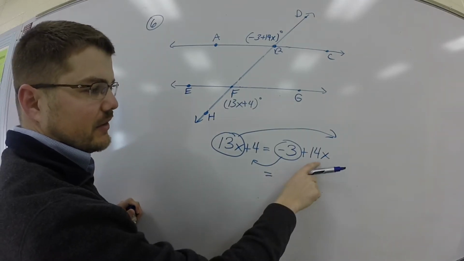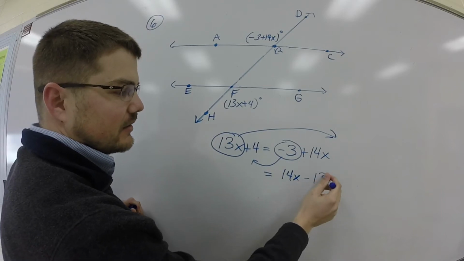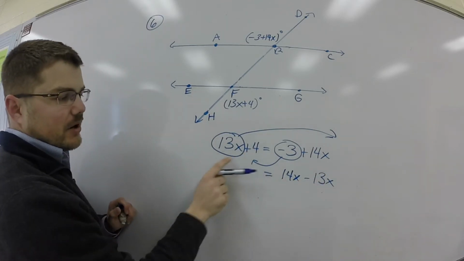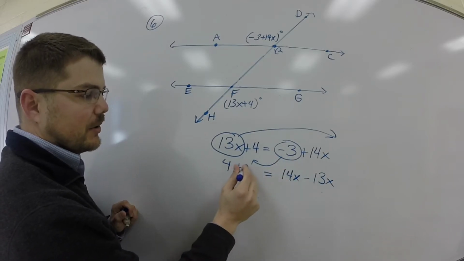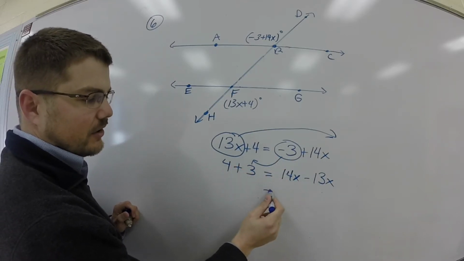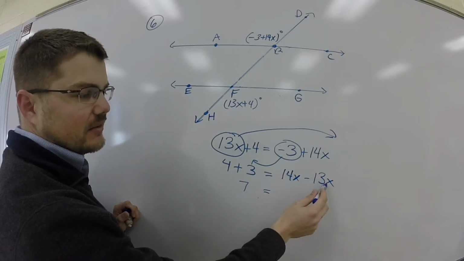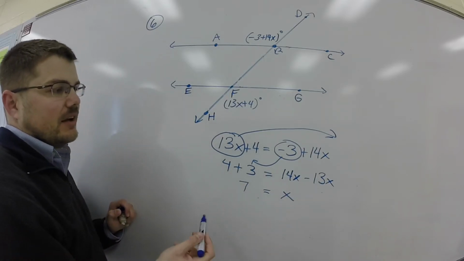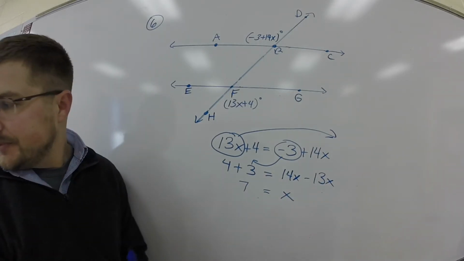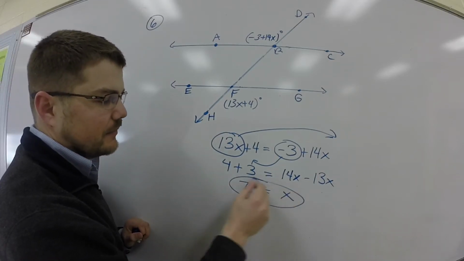Now I have this positive 14x, and this becomes a negative 13x. I have positive 4 over here, and then I'm moving a negative 3, so it becomes a positive 3. Now let's combine our terms. 4 and 3 is 7. 14x minus 13x is 1x, or just x. What does the question want to know? What is the value of x? So we can stop here.